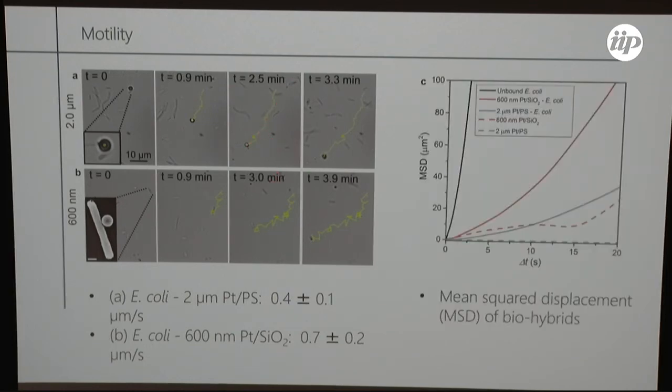What is kind of intuitive is that if you compare the speed of a free bacteria to the bacteria with a tiny bead like this here, it gets a bit slower, but if you put this huge bead on the small bacteria, then it slows down quite a bit. Yeah, this is just for you to see.